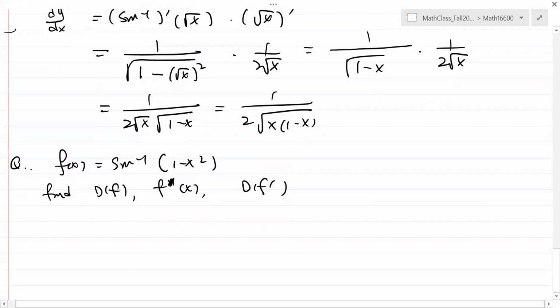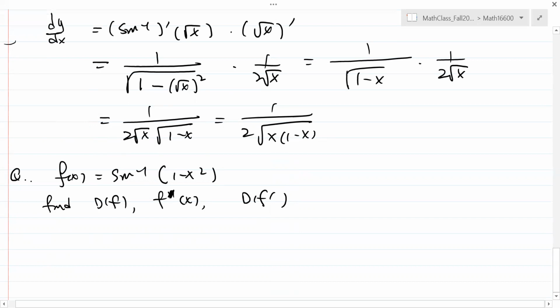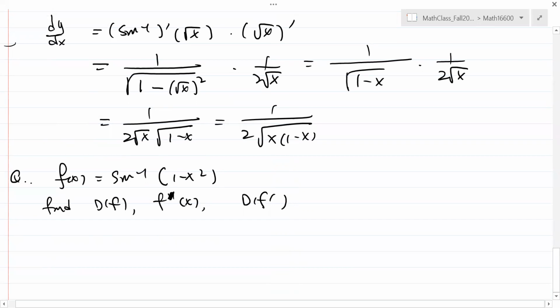First of all, you look at the arc sine function. If you don't remember the domain of the arc sine function, go back to the graph. The input for sine is between negative pi over 2 and positive pi over 2, and the output is between negative 1 and positive 1.